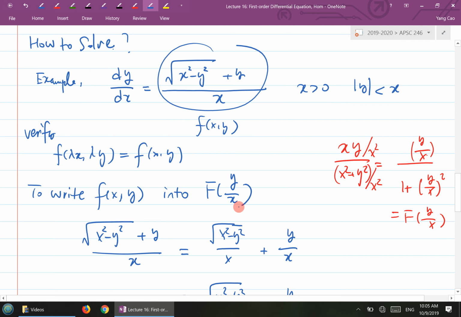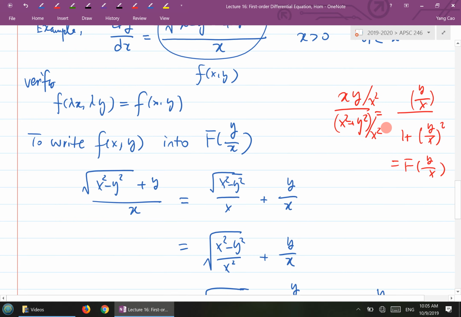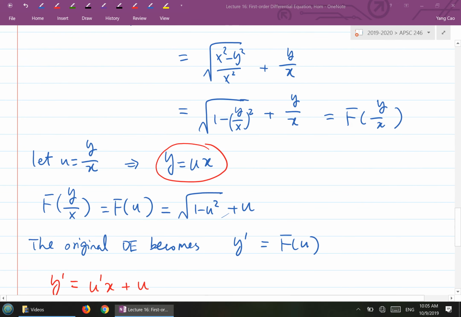Once you get that, then you will let u equal to y over x. So as you can see, the only uncertainty is actually this step here. So this step you had to manipulate, you had to get it right. But from here forward, they are very standard approach.